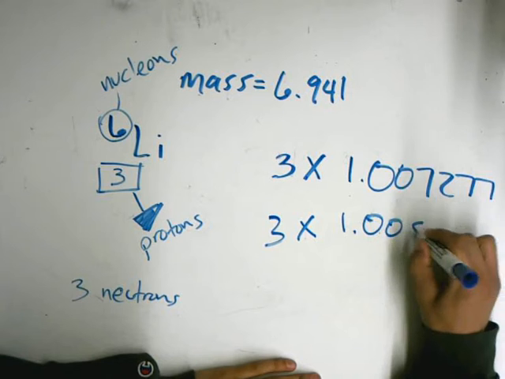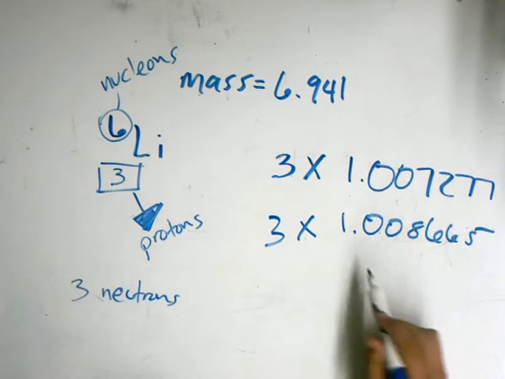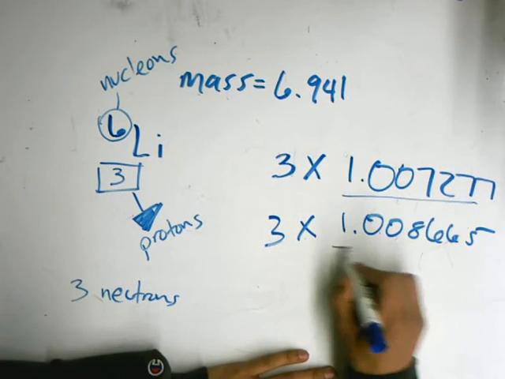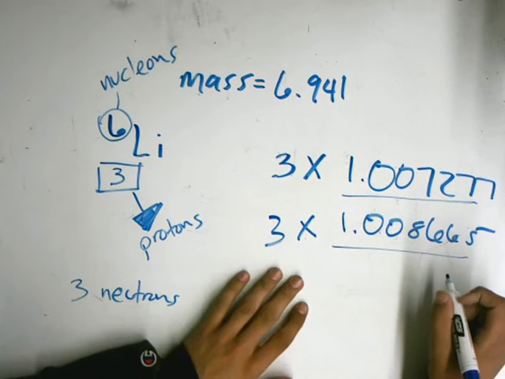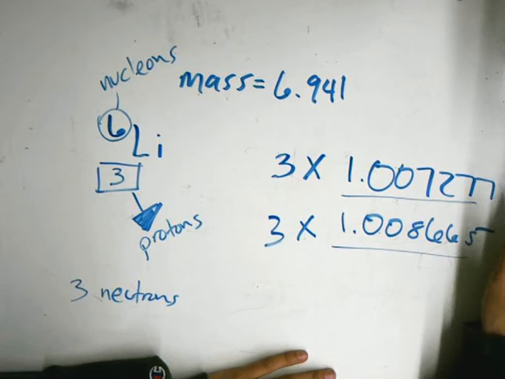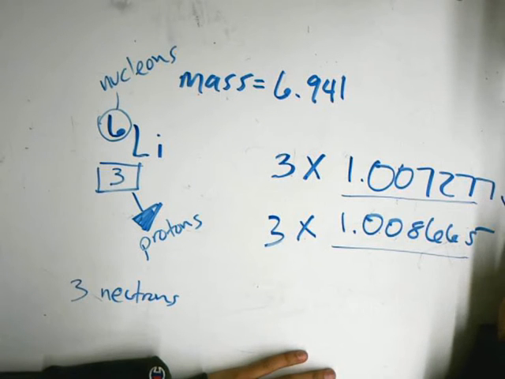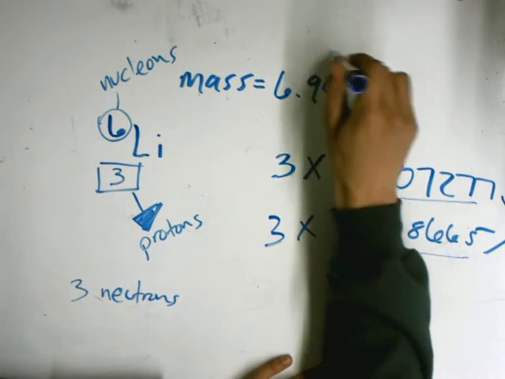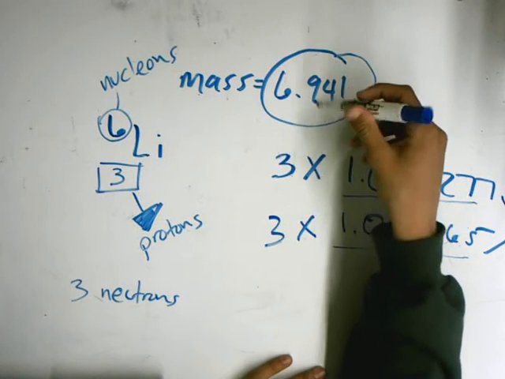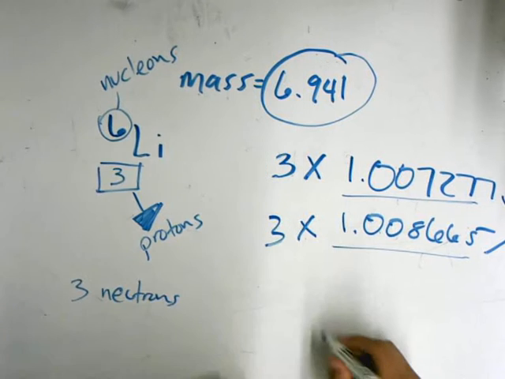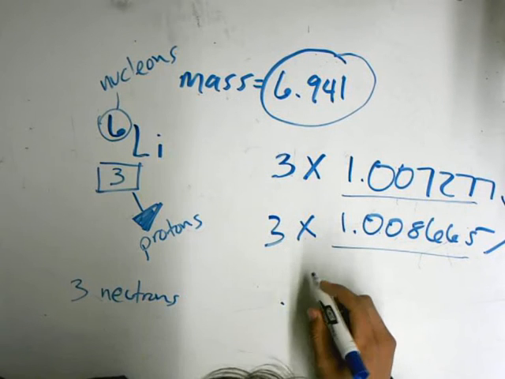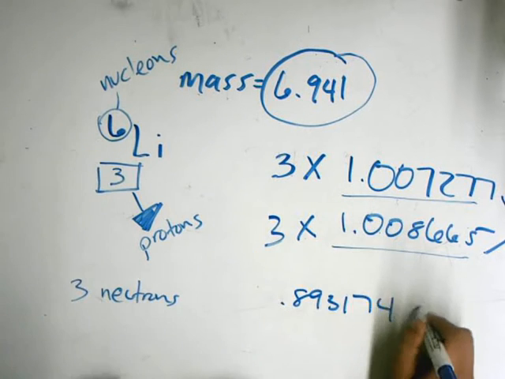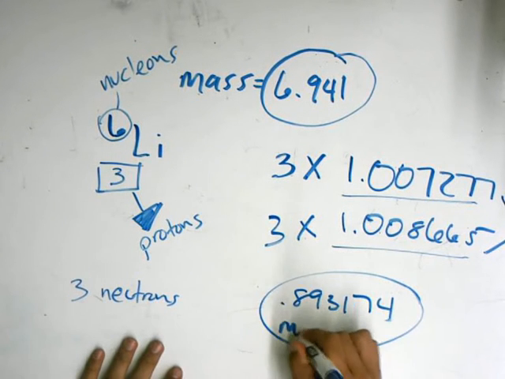You use this number for the neutrons always, and the other number for the protons always. Then you add these two products and subtract that from the original mass, and you'll get the mass defect, which in this case is 0.893174. That's the mass defect. So that would be lithium.